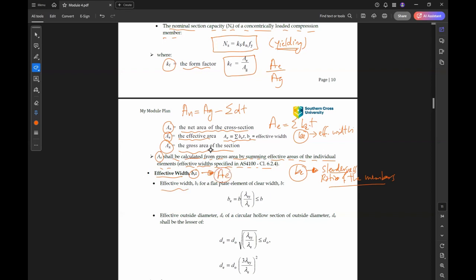So the effective width BE for a flat plate element equals this formula. BE equal to B times lambda EY over lambda E, and should be less than B. So B effective all the time should be less than B. The effective width can't be more than the actual width, so B effective should be, in most cases, less than or equal to B, and usually less than.